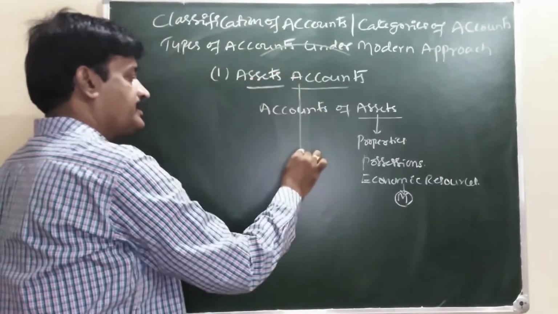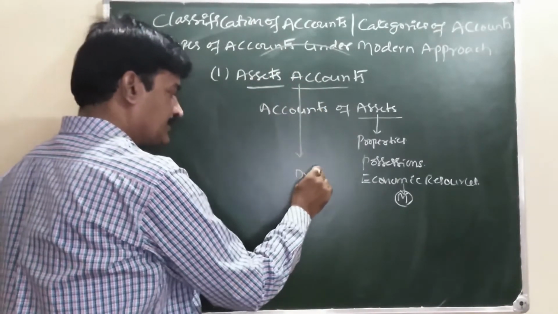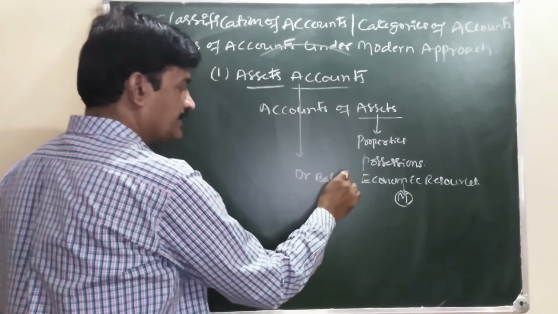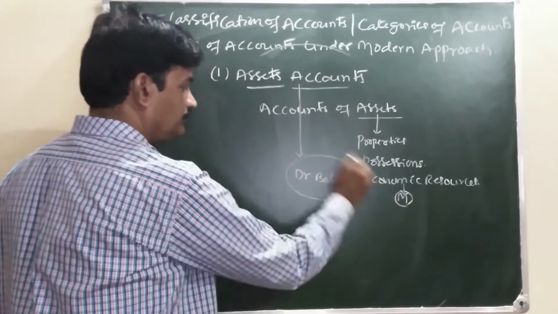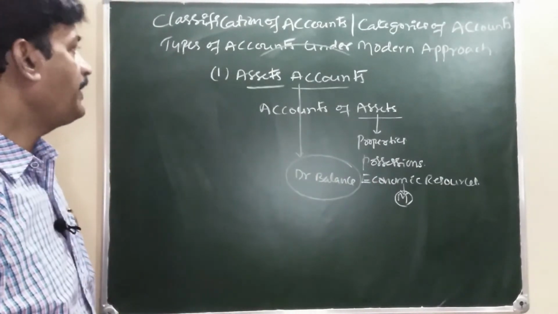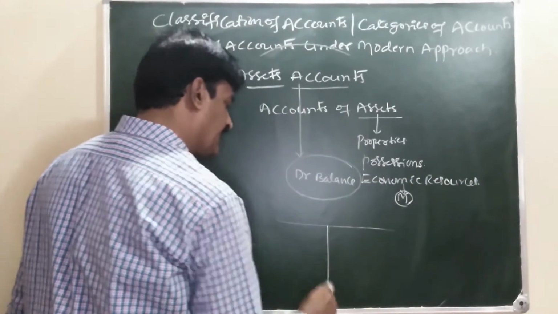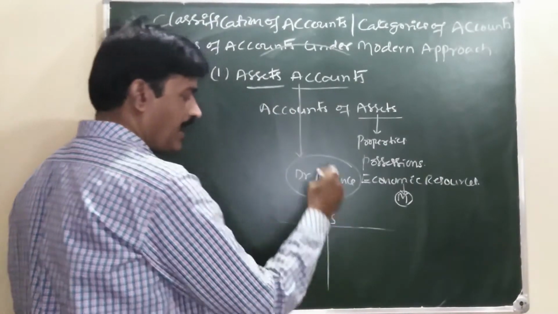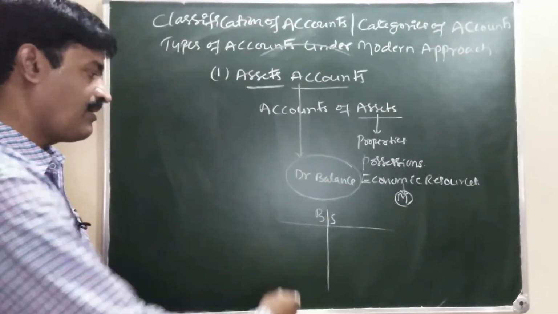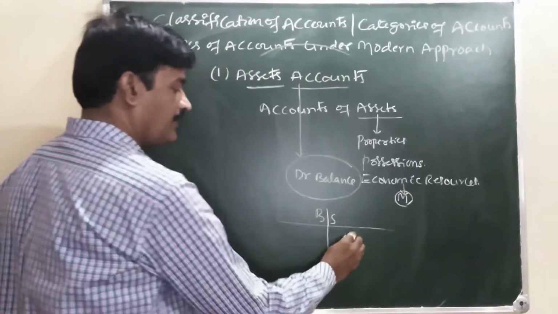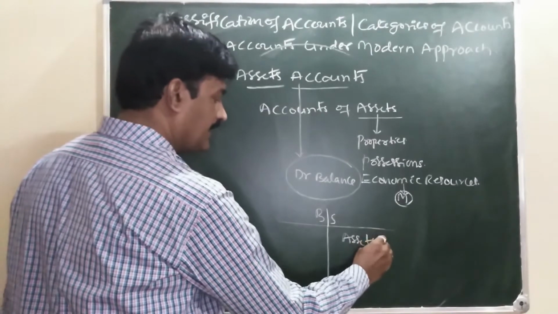Assets accounts generally show debit balance. The debit balance of assets is shown in the balance sheet on asset side.